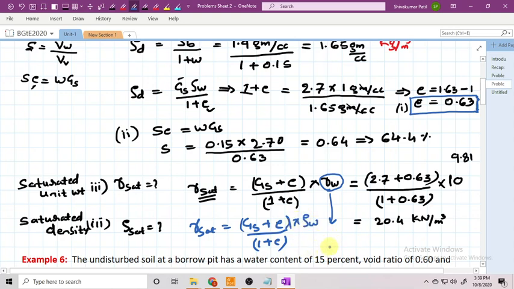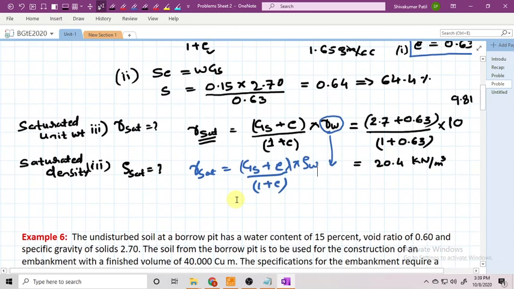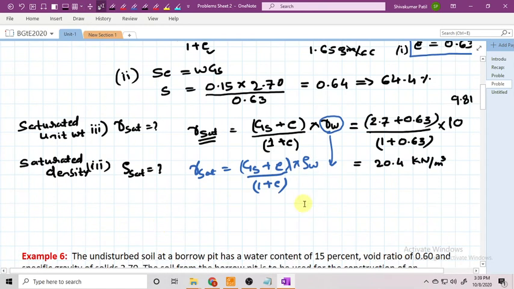Same as before, 2.7 plus 0.63 divided by 1 plus 0.63.